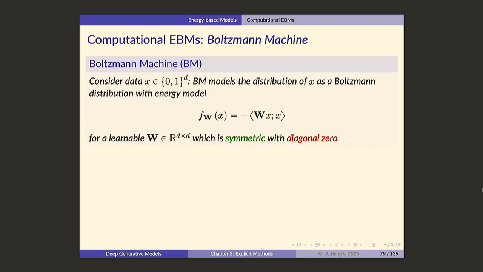Also D, because it wants to get multiplied with this guy, right? And then the output of this Wx is going to have the same dimension as the number of rows you have here. But you want to take this vector again and multiply it with X, inner product, right? So it should be the same dimension as X as well. So here it should also be D. So this is W, and it is D by D.